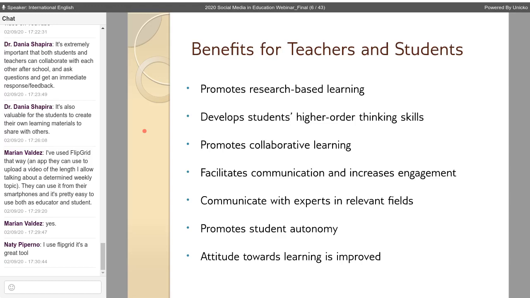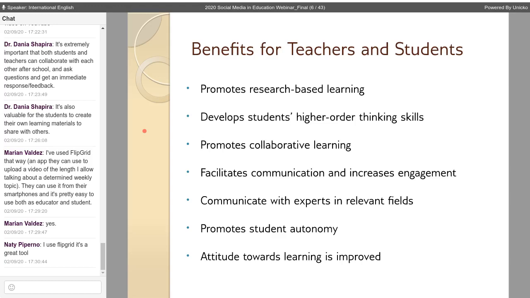Social constructivism. Learning is a social process. We learn by sharing. We learn by interacting with other students. We learn by sharing information, thinking with others, right? So using social media, we can really promote this social constructivism theory, Vygotsky's social constructivism theory, right?